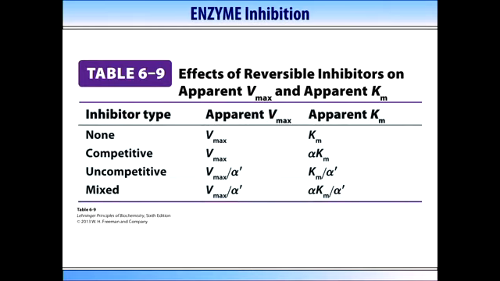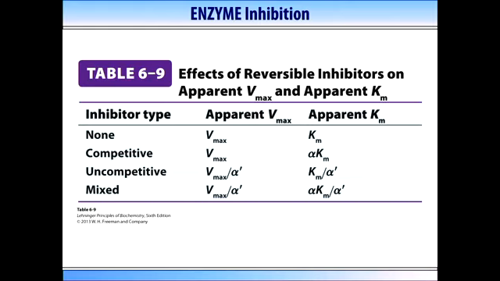Okay, here's just a summary of what is changing during different types of inhibition. When we have no inhibition, we have arbitrary Vmax and Km. If we have competitive inhibition, Vmax stays the same. Michaelis constant increases. That means that the affinity of the enzyme to the substrate decreases.